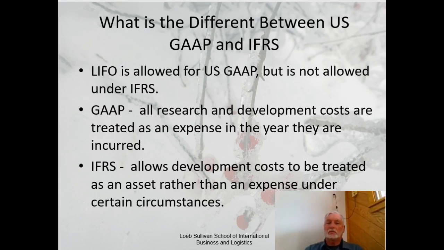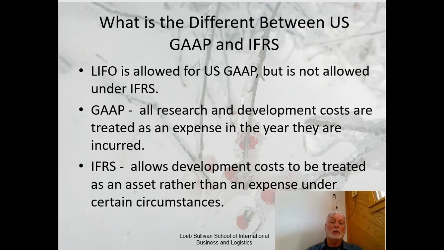Biggest difference that's been really hard to converge is GAAP expenses all research and development costs in the year they're incurred. So if you're developing a new drug and that takes 5 years to do, all of the R&D is expensed each year. Even though that may lead to a drug that will have revenue for 15 or 20 years, we expense all of the research and development costs each year.